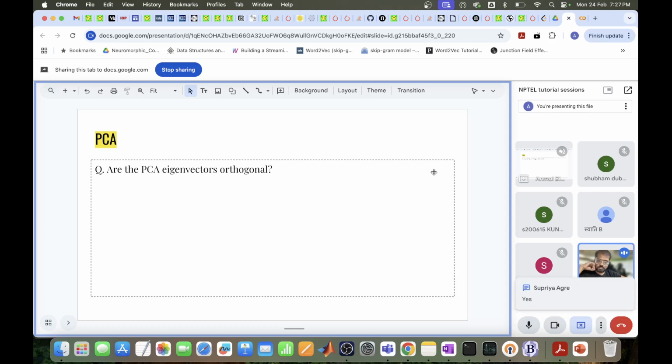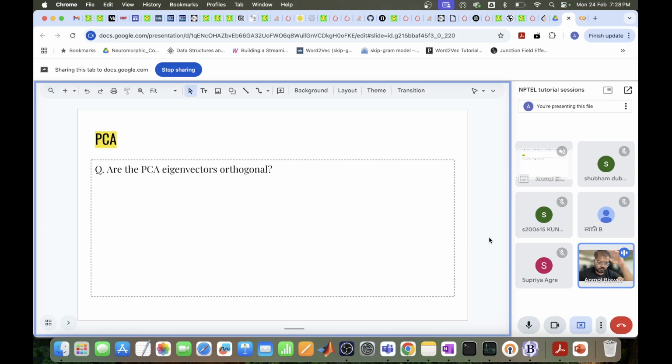In PCA, you apply eigenvector, eigenvalue decomposition on X transpose X, where X is your entire data. X is basically your number of samples by number of features, and then you compute X transpose X. Essentially you get a matrix that is num features by num features, which is a correlation matrix.